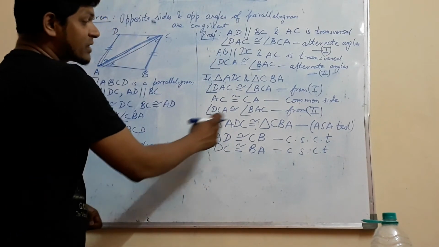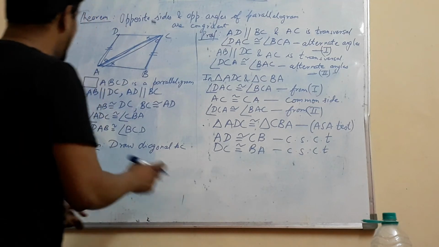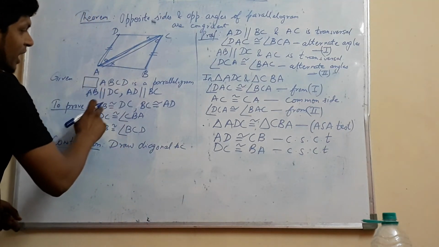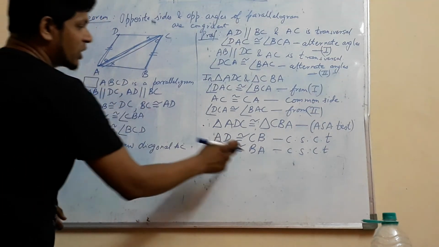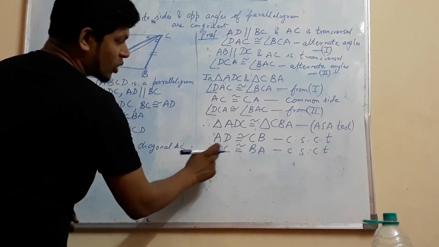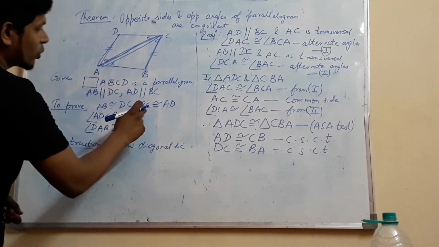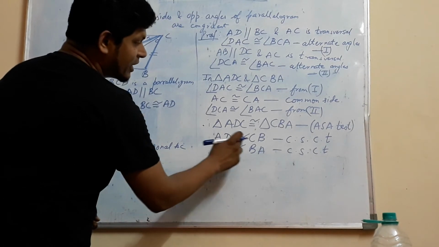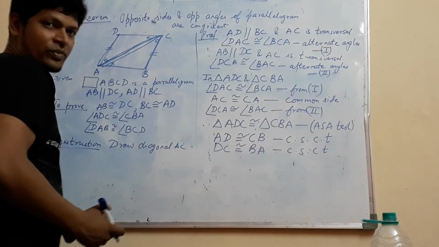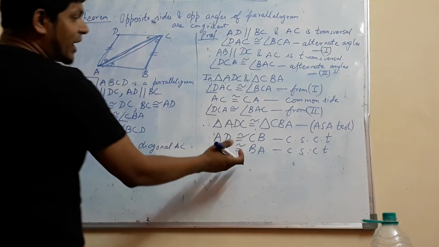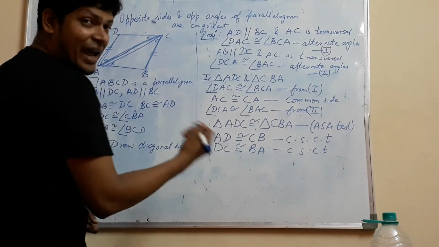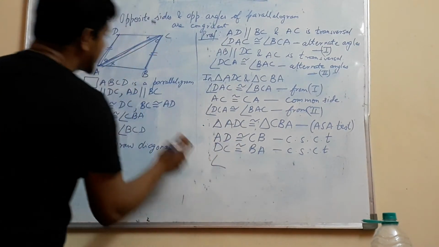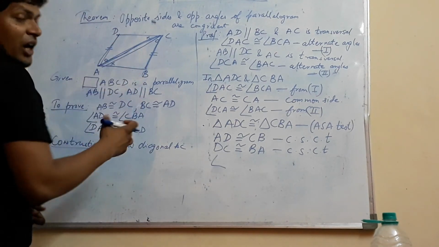So we got the sides as congruent, which we were supposed to prove: AB is congruent to DC. So here we have proved BA is congruent to DC, and we were to prove BC is congruent to AD. So here we have proved AD is congruent to CB, that is the same thing. And now we can say about the angles also, since these two triangles are congruent.